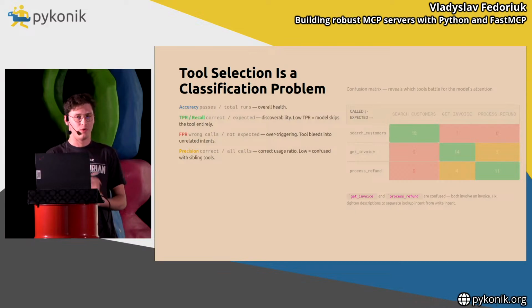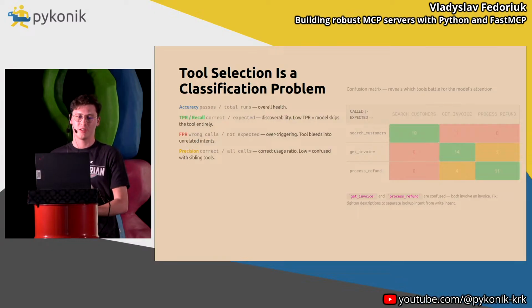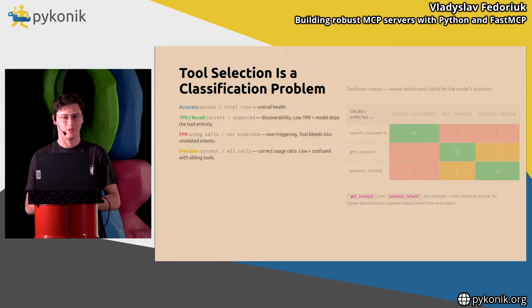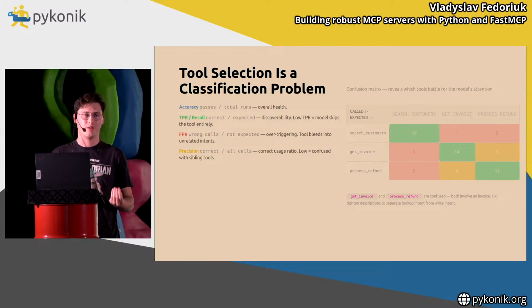So when it comes to evaluating MCP servers, one way to think of it, especially for offline evaluation, is tool selection. When the model tries to select a tool, it can be treated as a multi-label classification problem. And there are several metrics you can depend on, for example true positive rate and false positive rate, which could help you answer questions.